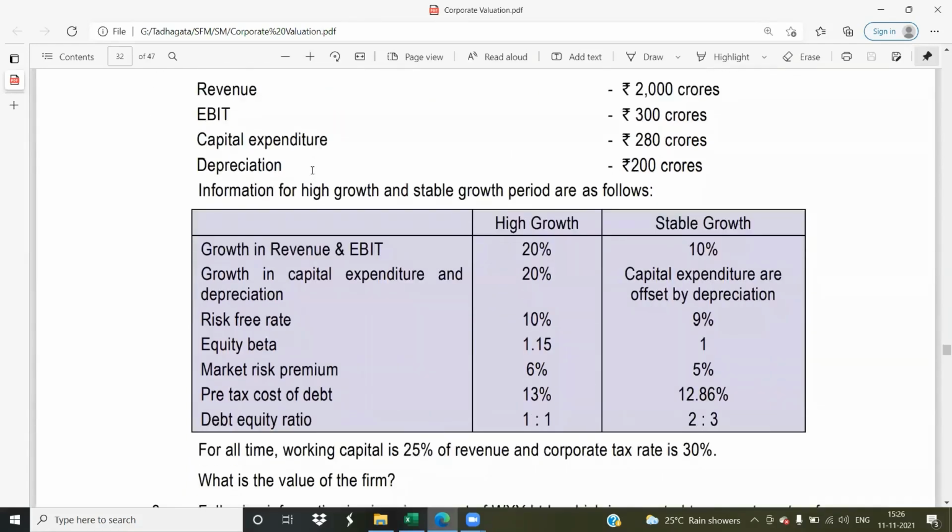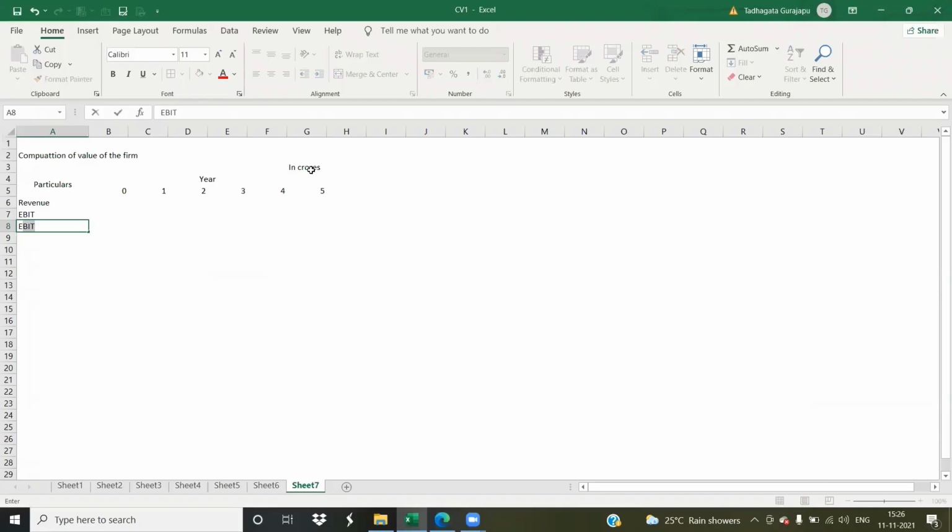Is interest expense given? No, you cannot find interest expense because the debt amount is not given, although the debt interest rate is given. So we'll find earnings before interest but after tax. That means you'll remove tax from EBIT. Then what do you add? Depreciation. Then you subtract capital expenditure. Then you adjust for change in working capital.